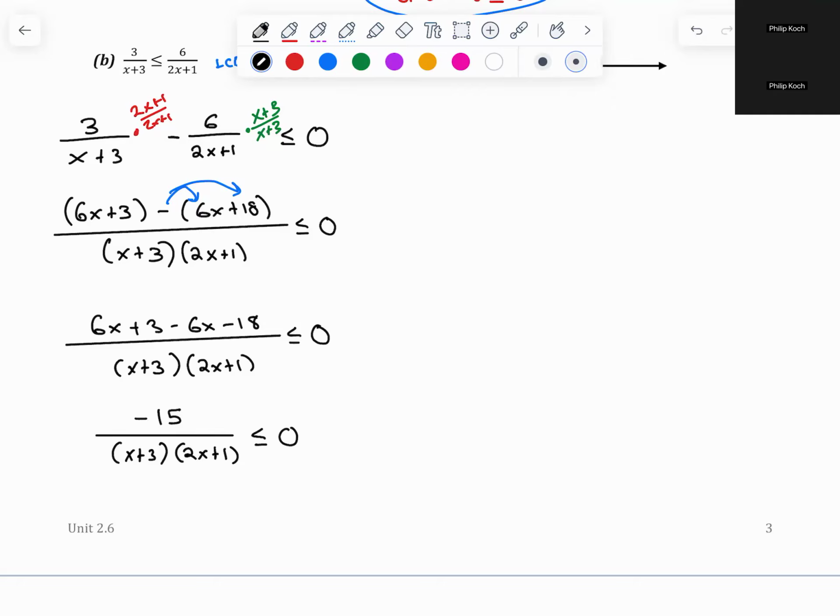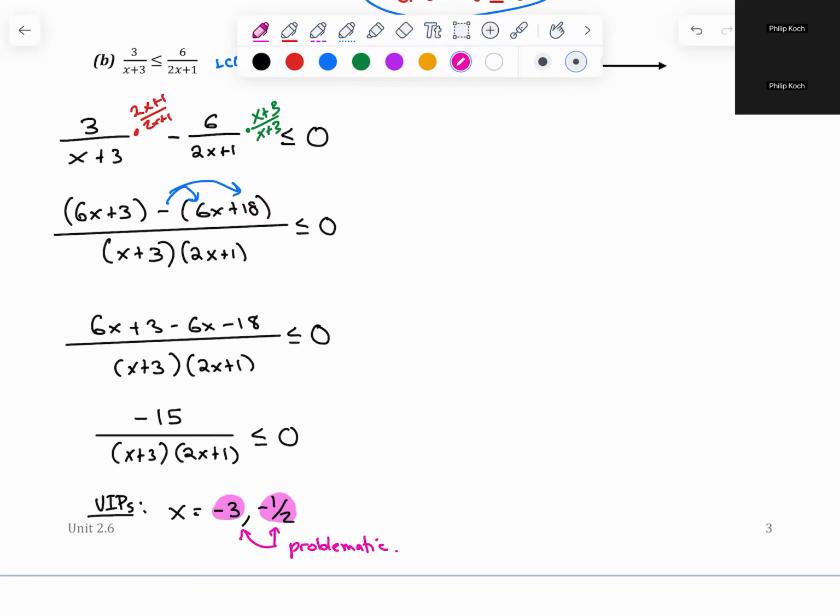Okay. So now that we've got it factored and all things on one side so that the other side is 0, we can find our VIPs by setting all the factors equal to 0. The VIPs are x equals negative 3 and negative 1/2, but they are both problematic, because they make the denominator equal to 0.